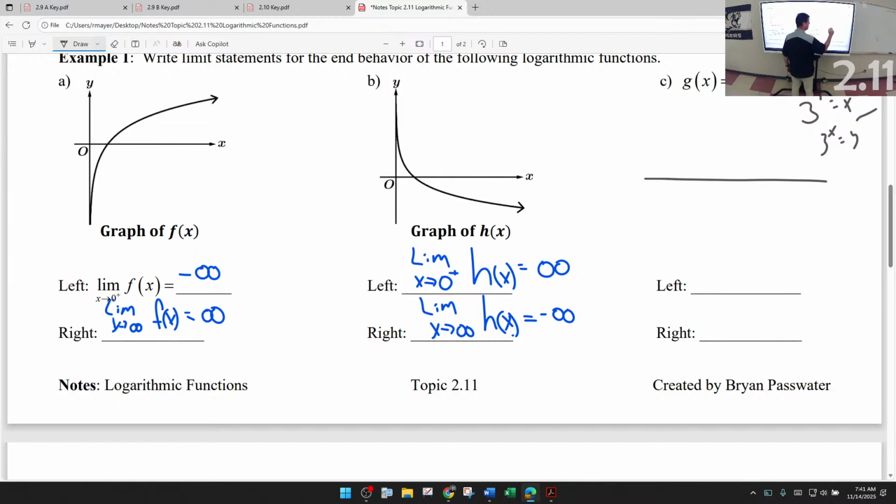Limit as x approaches 0 from the positive side, and this one is g of x, is negative infinity, and the limit as x is approaching infinity of g of x.